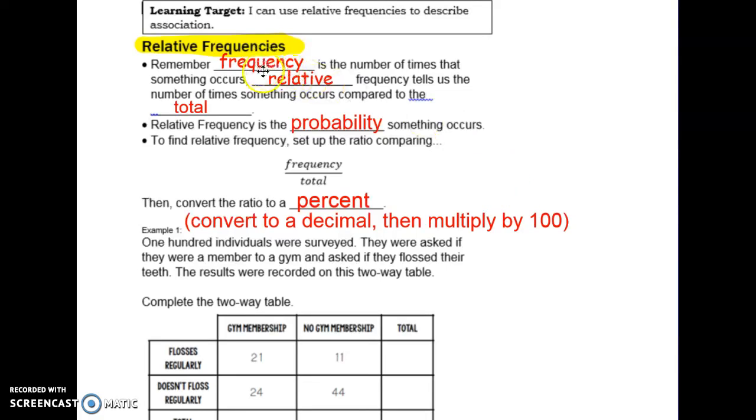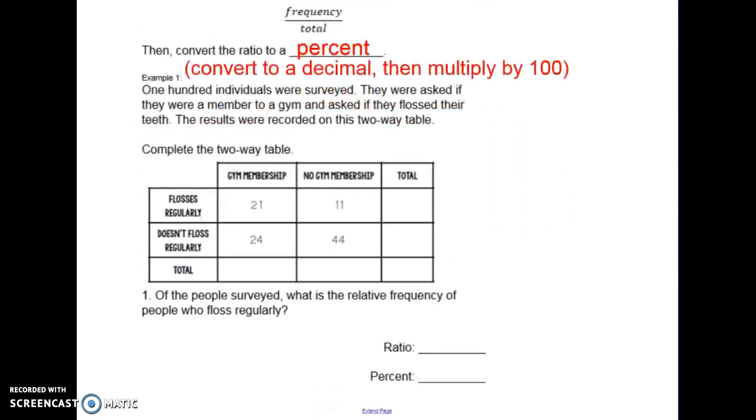So again, frequencies in two-way tables we've already talked about. This is the new thing today that is coming up with the relative frequency, in other words, the percent of something happening. So down here, you already know how to come up with your totals in a two-way table by simply adding the totals across each column and down each row.